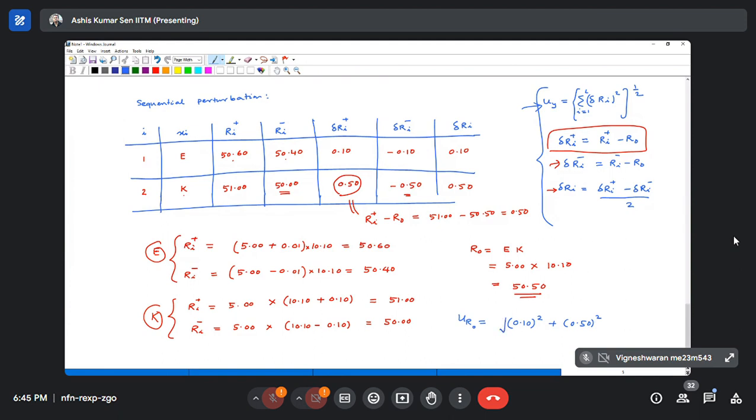Sum them up and take the square root. And that will give you your true value, 50.50 plus minus 0.51.